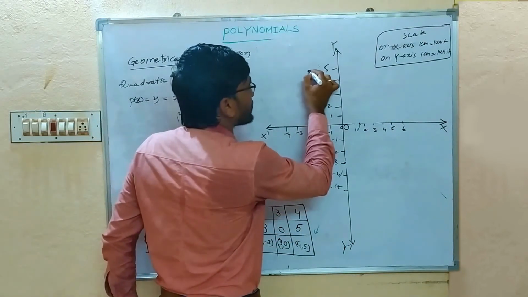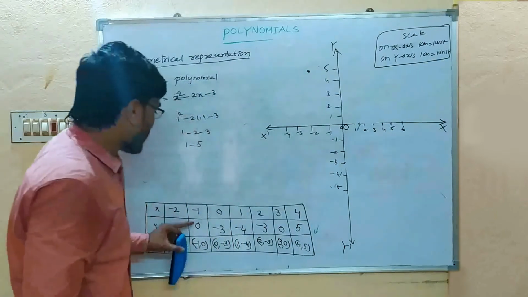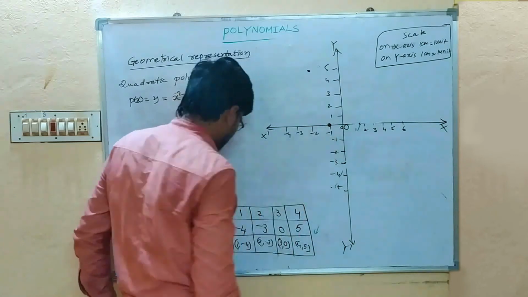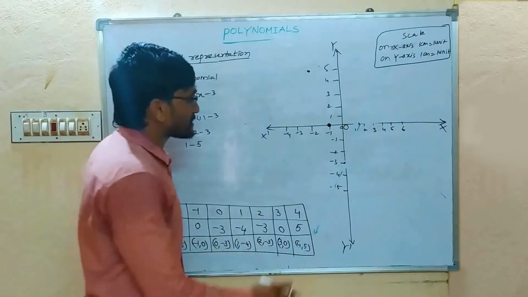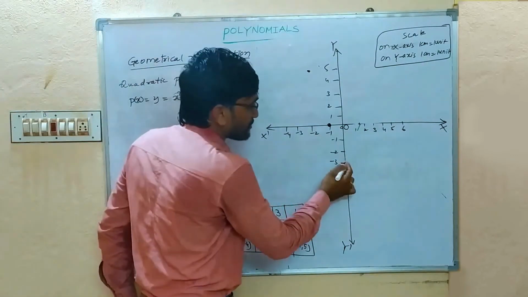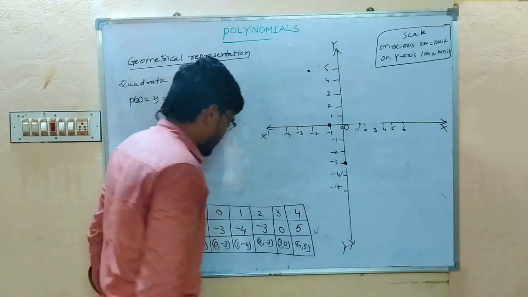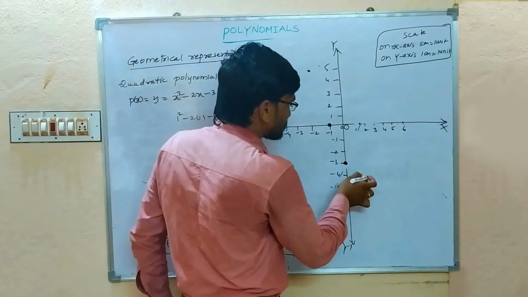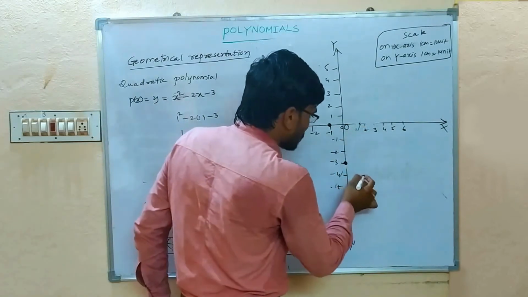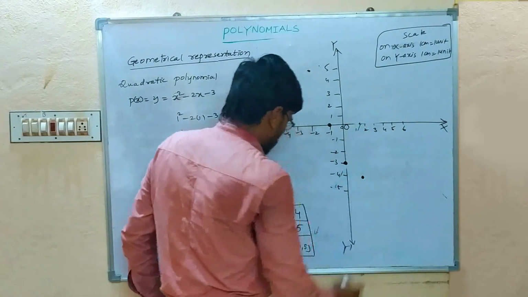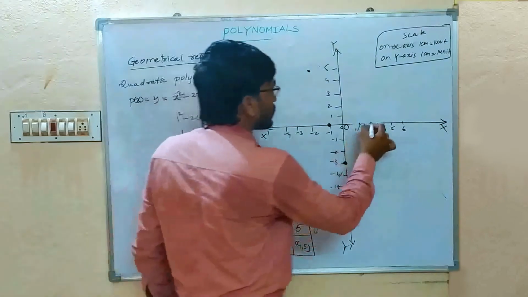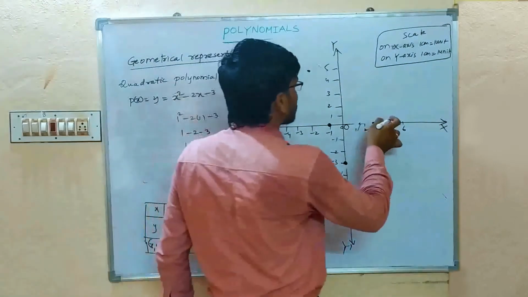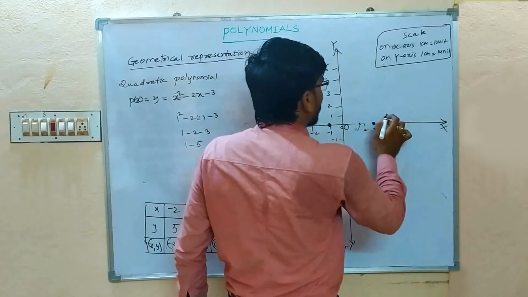Next one is minus 1, 0. This is the point. 0 comma minus 3: on the x-axis 0, y-axis minus 3. This is the point. Next 1 comma minus 4. Next 3 comma 0. 4 comma 5: on the x-axis 4, y-axis 5.